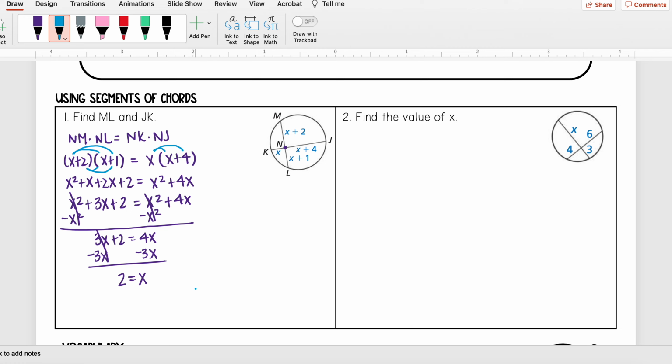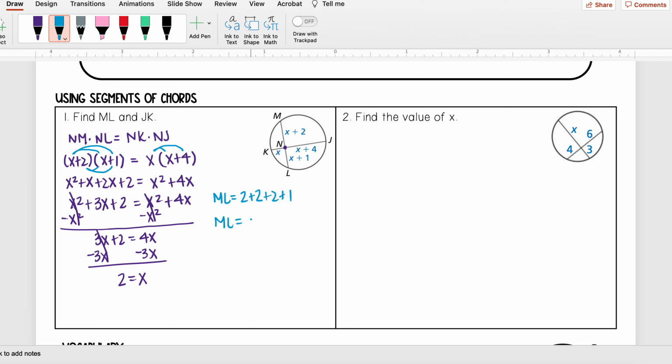So I found my value of X, however, that's not what the problem was asking for. It was asking me to find the length of ML and JK. Well, ML is just going to equal both of these segments added together, so X plus 2 plus X plus 1. However, I know that my value of X is 2. So ML is just going to equal 2 plus 2 plus 2 plus 1.